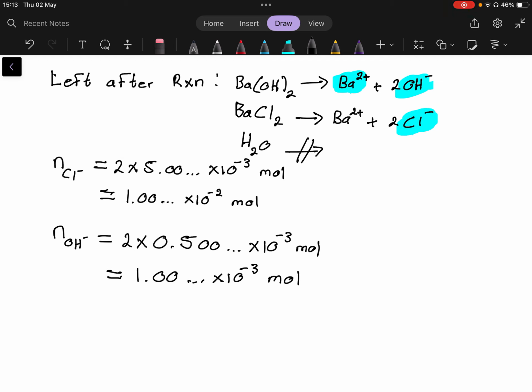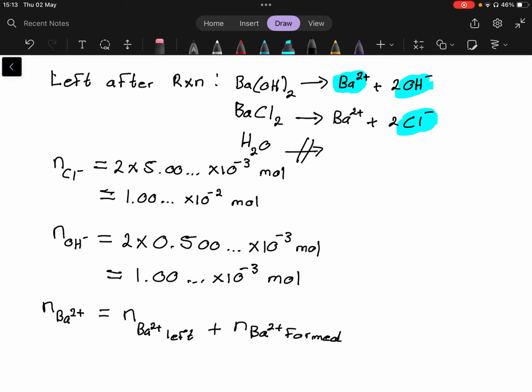And then we have the barium. But barium has 2 sources in this case. So it's the number of moles of barium 2 plus is equal to the number of moles of barium 2 plus, let's call it left, plus the number of moles of barium 2 plus formed.